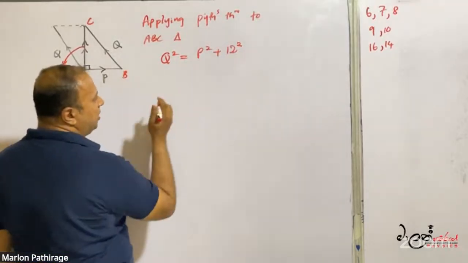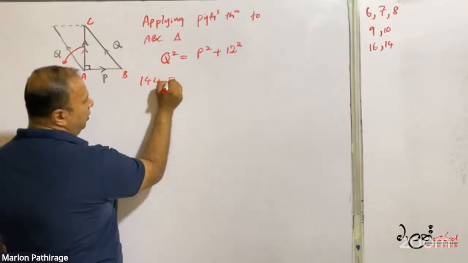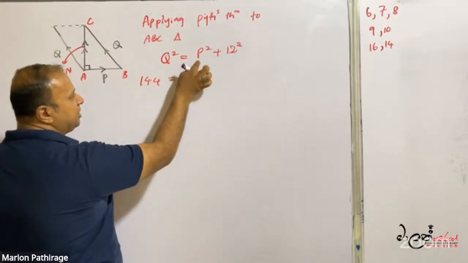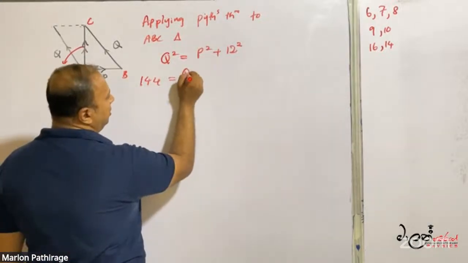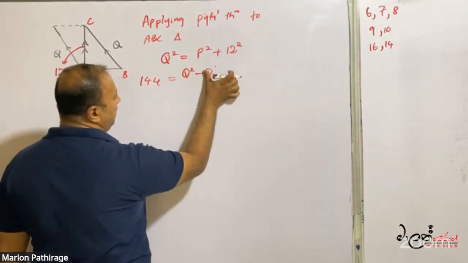Therefore, 12 squared means 144 is equal to Q squared minus P squared. You have to take this one to this side.